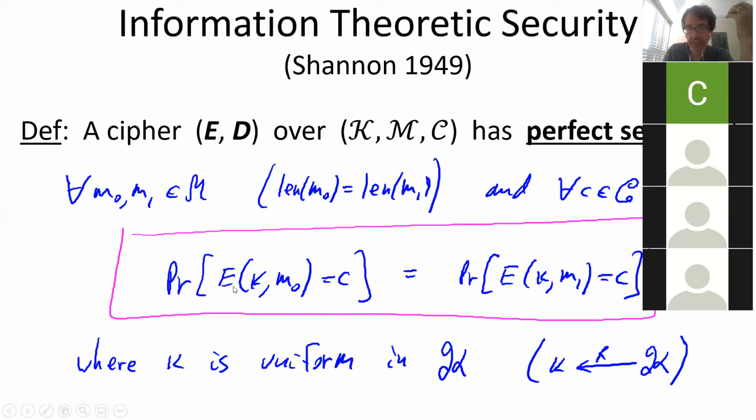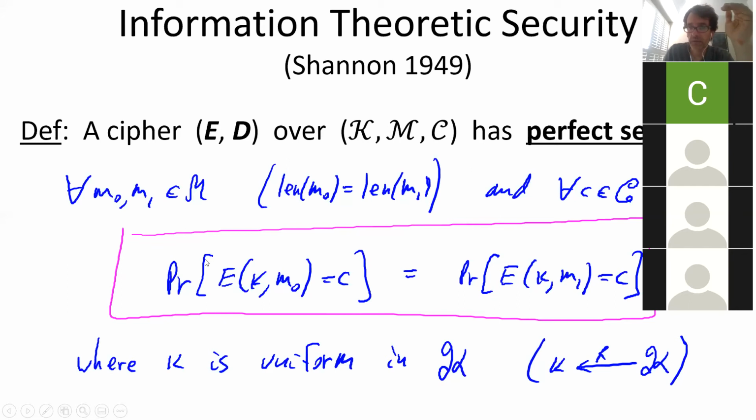What's here on the left side is a probability over keys that the fixed message is mapped to a fixed ciphertext. On the right-hand side, I have the same ciphertext, but a different message. And I'm looking at what's the probability that that different message maps into the same ciphertext.